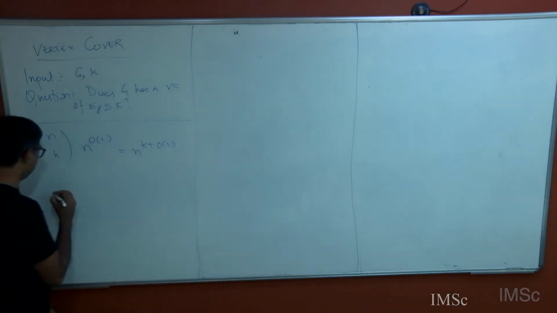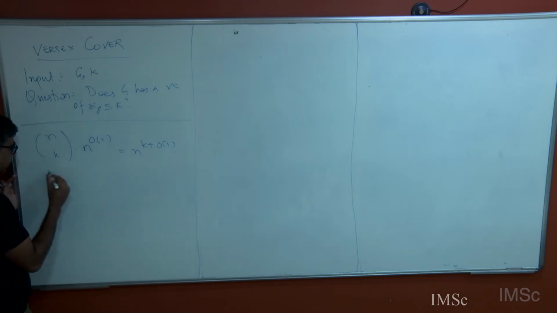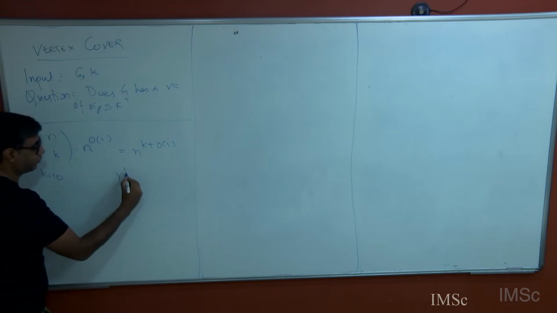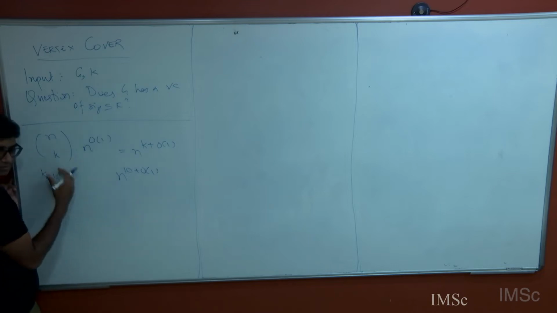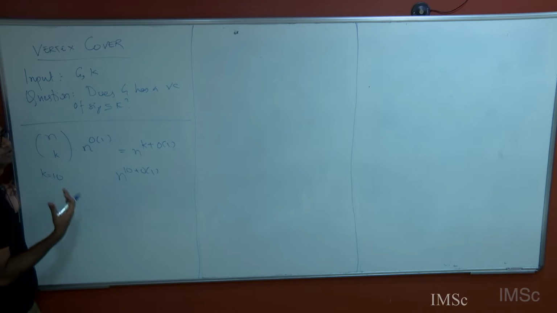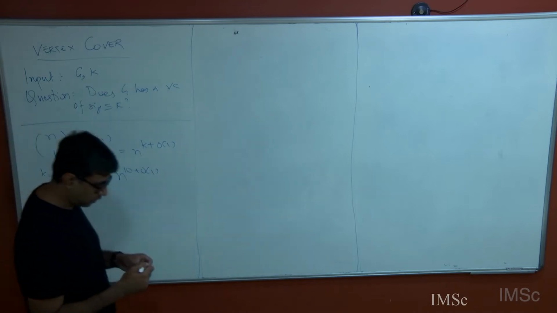Notice that if I was asking you, say, for k equal to 10, then this algorithm is still polynomial time. So in that sense, it is an algorithm which is sensitive to what size vertex cover you are trying to select or pick. But that's not what I wanted to say.